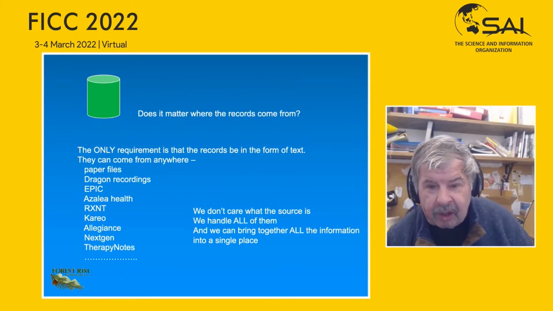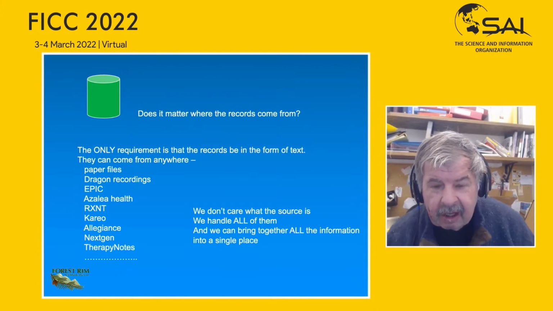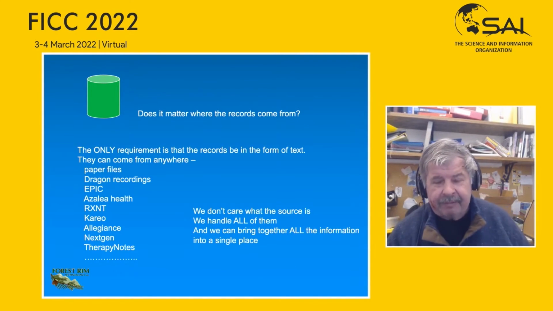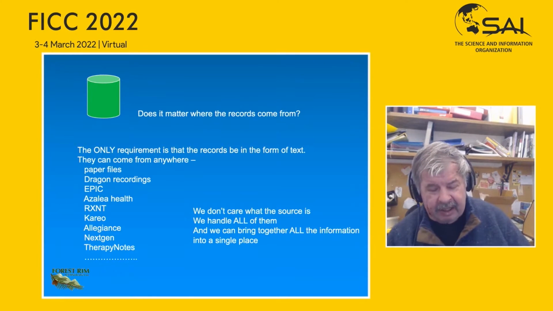And so, where do the medical records come from? People say, "Well, Bill, I've got medical records in paper files. I've got medical records in Epic. I've got medical records all over." The technology I'm talking about doesn't care. It can take the medical record from any and all of those sources.